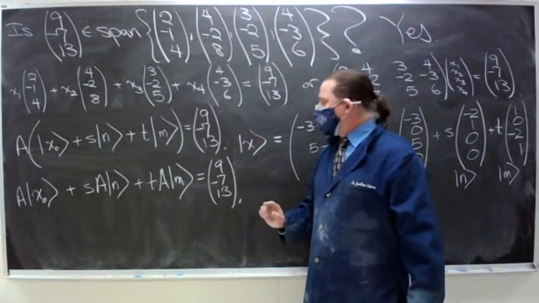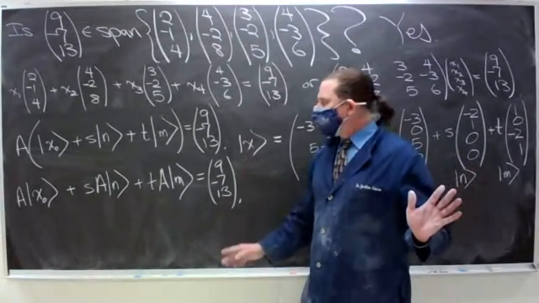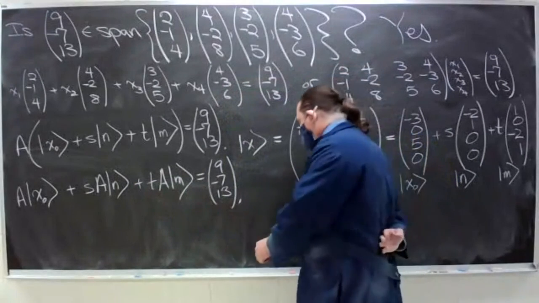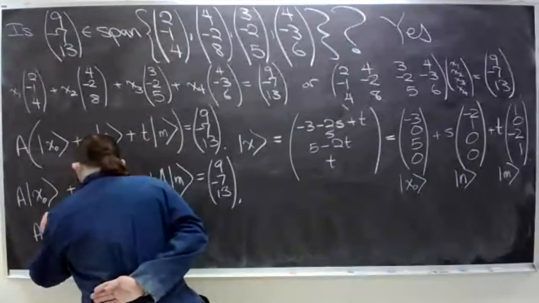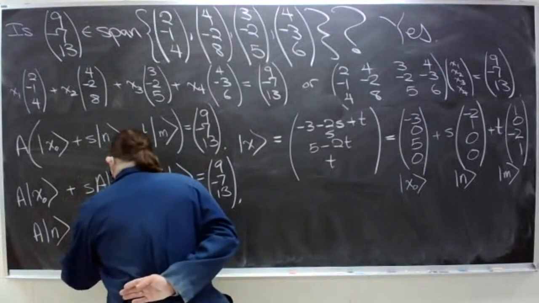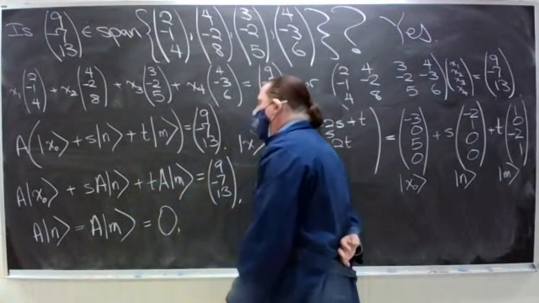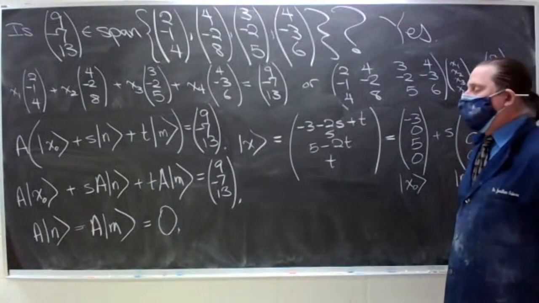So we get 9, negative 7, 13, regardless of the values of S and T. And the only way that that can possibly be the case is if A acting on N and A acting on M are both 0.